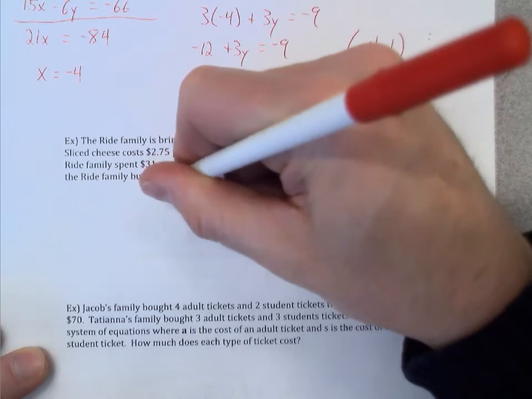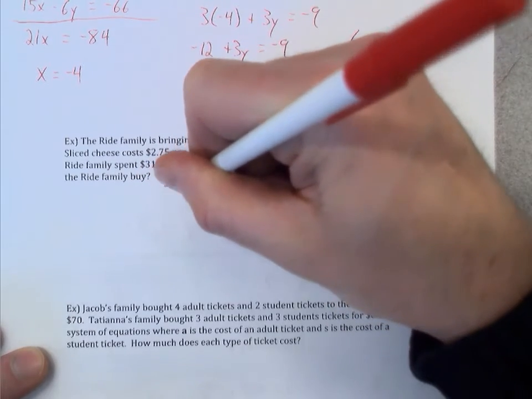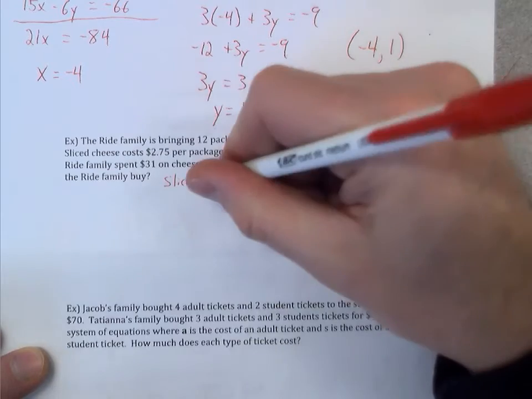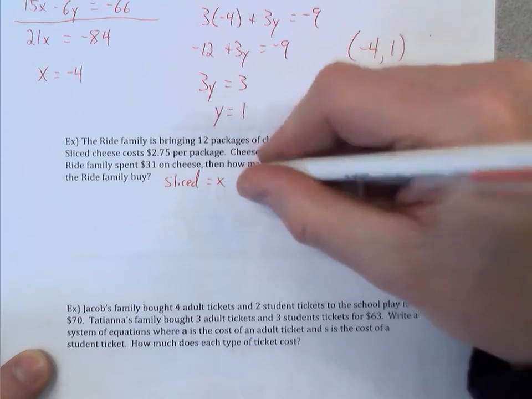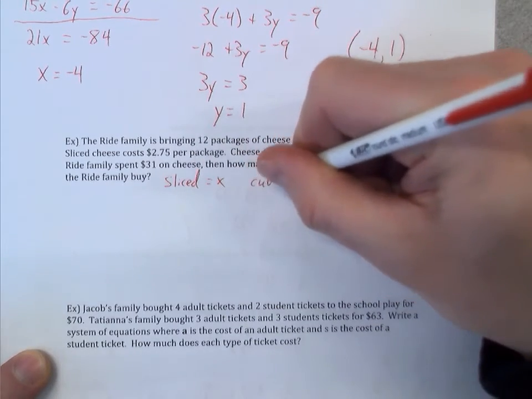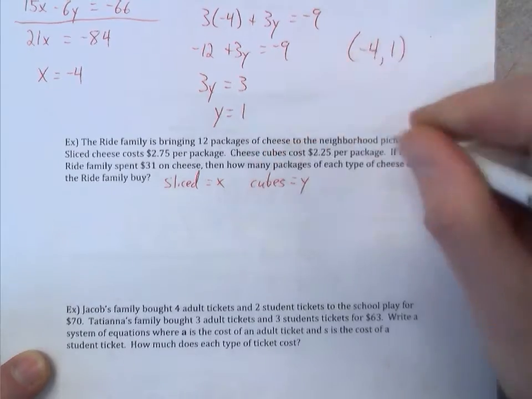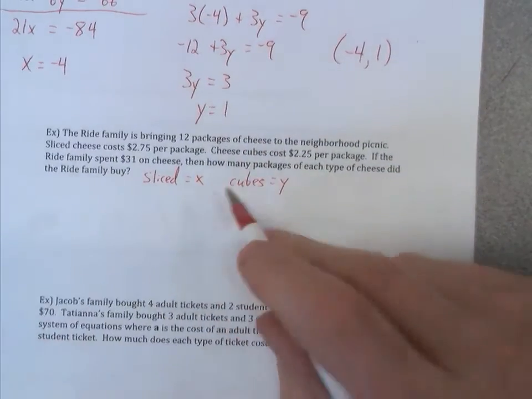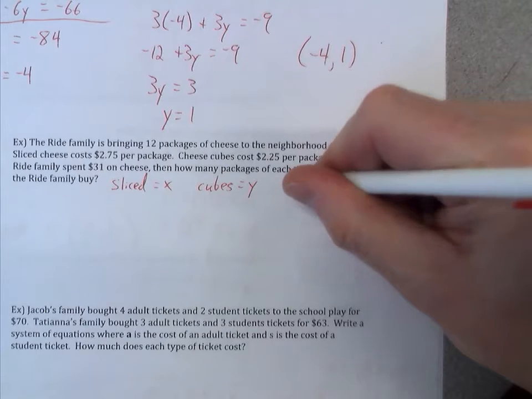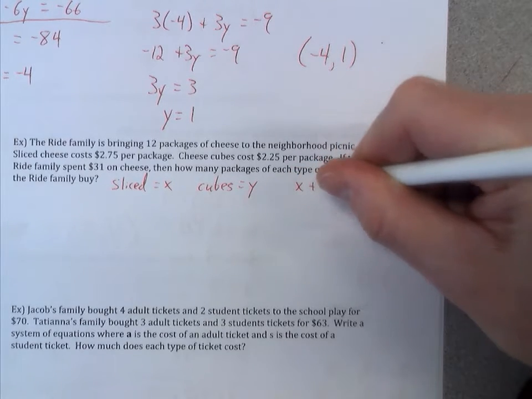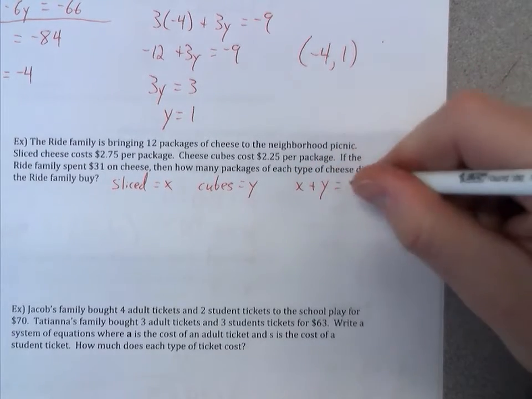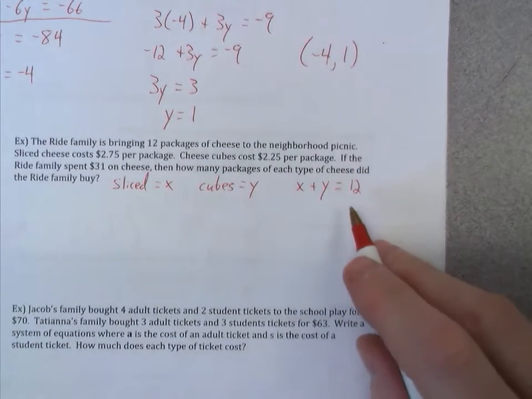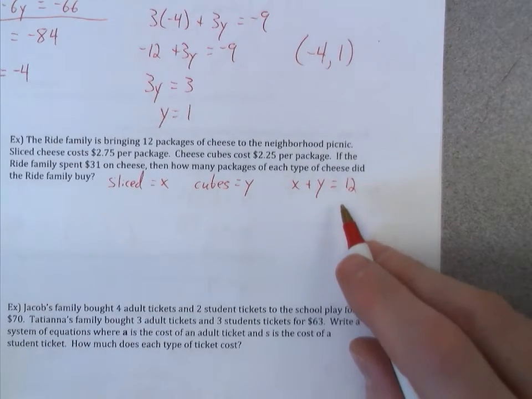Okay, so we're going to let the sliced cheese equal x, and cubes are going to equal y. And what do we know about these two? Well, we know that the number of x and y's that they have equals 12 packages. So that's one of our equations.